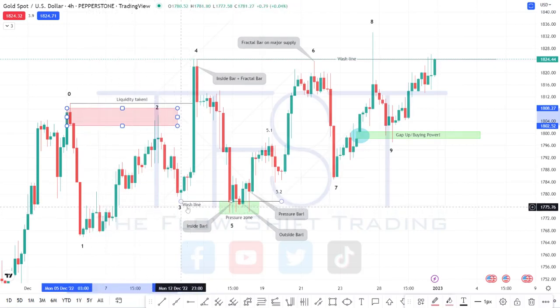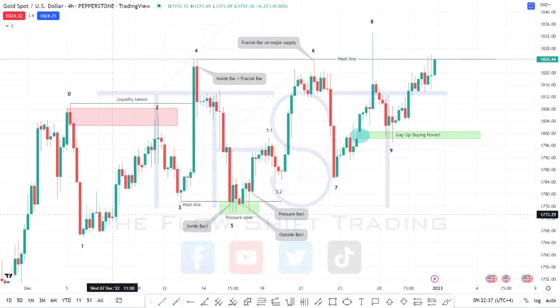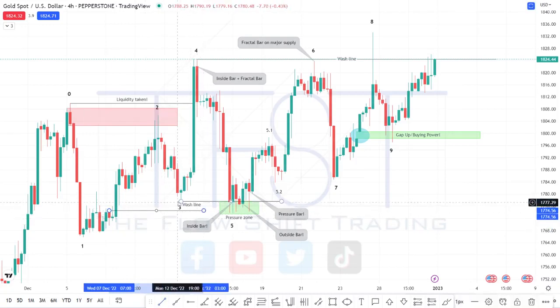Although hindi siya nag-touch doon mismo, and this could mean also a Hagopian rule, saying that failure to touch an important line will create an opposite and violent reaction to the opposite side, which we can see in high number 4. Surpassing high number 2 and high number 0, taking the liquidity na nandito.